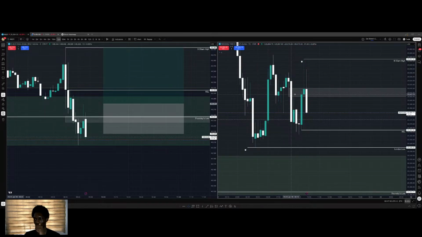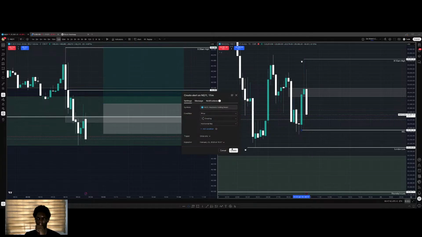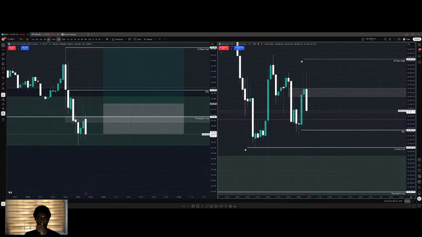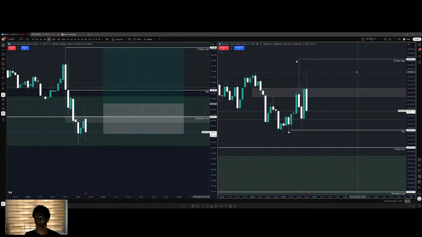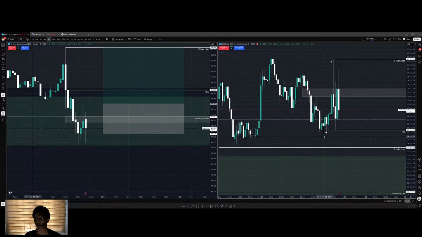See, we're respecting this 15 minute gap, right? So I want to see it take these lows out. Most likely it won't take all of this. But if it only takes this one out, I'll still buy.